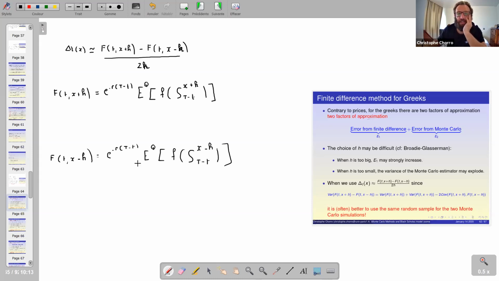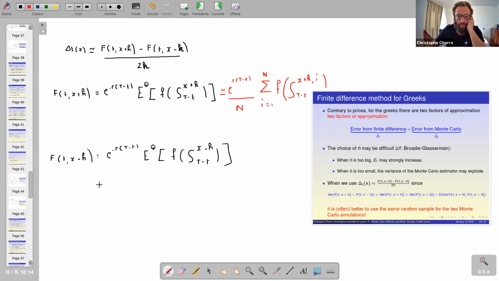Of course, here I have expectations that I can approximate using Monte Carlo methods. So I can do it in this way: exponential minus r (capital T minus t) over capital N, sum from i equal to 1 to N of f of S_{T-t} at x plus h. Instead of writing k here, I will write i in order to avoid confusion between h and k, where I have capital N independent realizations of this one.